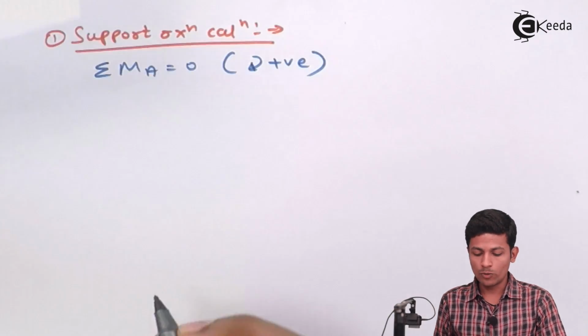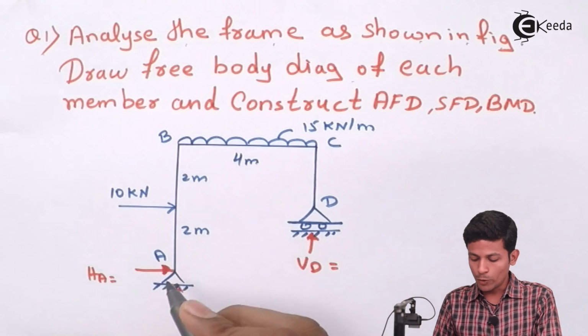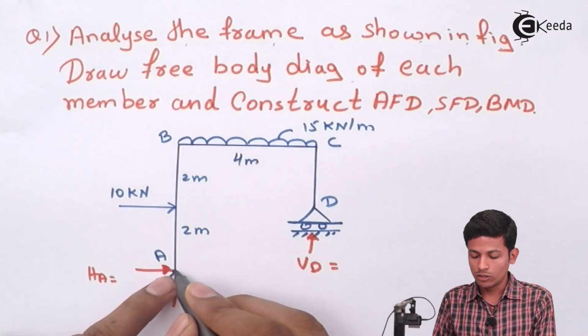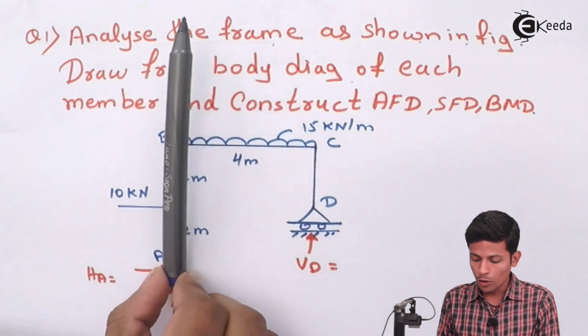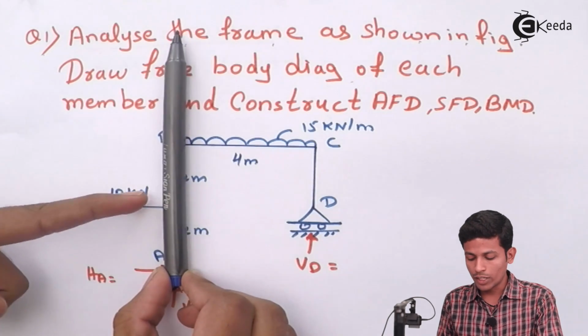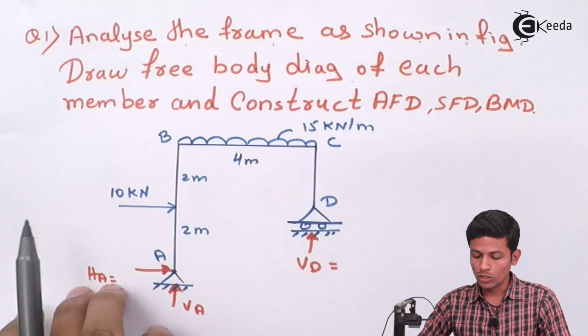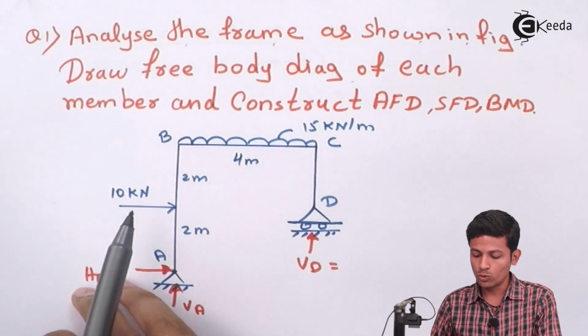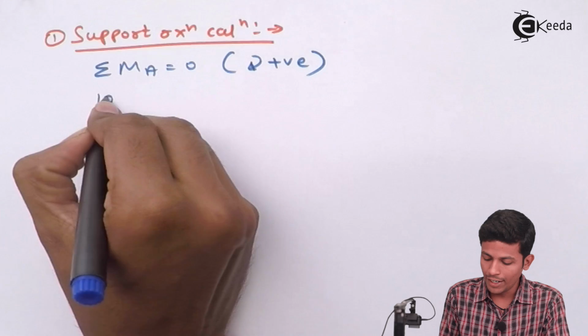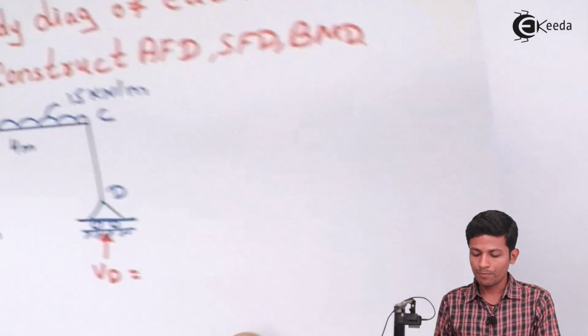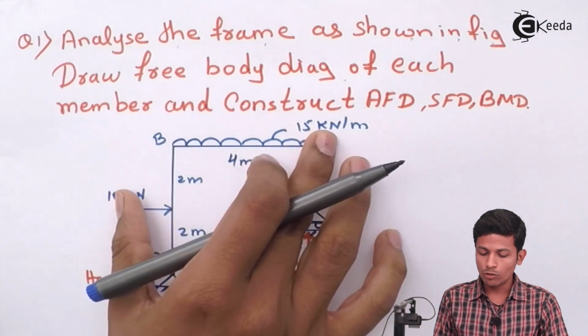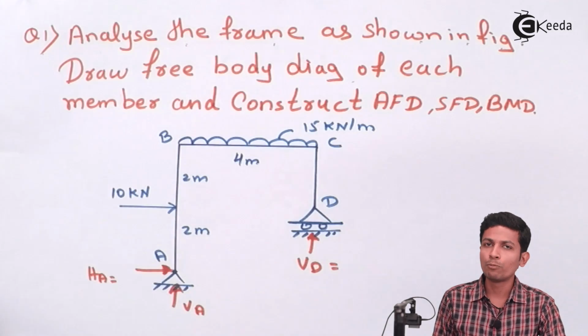Okay, now let's see how it will become. See, you are taking moment over here, so take a rod and put it over A and see this 10 kilonewton will go like this. This will be moving in the clockwise direction, so 10 into this distance, which is 2. So our first value will be 10 into 2. Now see this UDL, as you all know how to convert the UDL into point load.